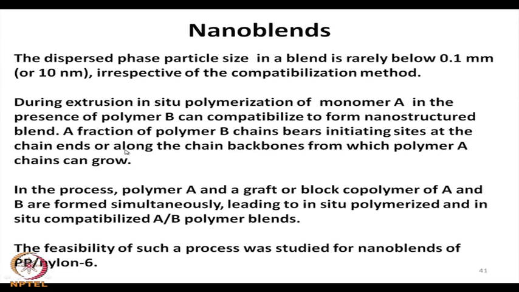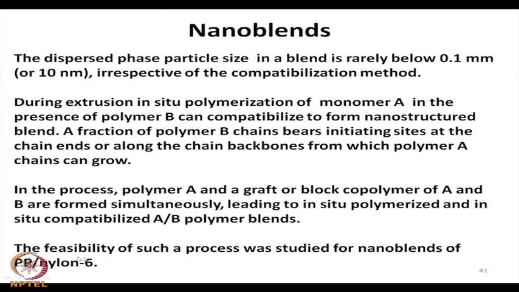Basically, it is a kind of grafting reaction of one monomer onto the backbone of the main polymer during the extrusion process, because the free radical which is required to create a grafting site is created by high shear mixing during extrusion, and this grafting reaction occurs. In the process, polymer A and a graft or block copolymer of A and B are formed simultaneously, leading to in situ polymerized and in situ compatibilized AB polymer blends.